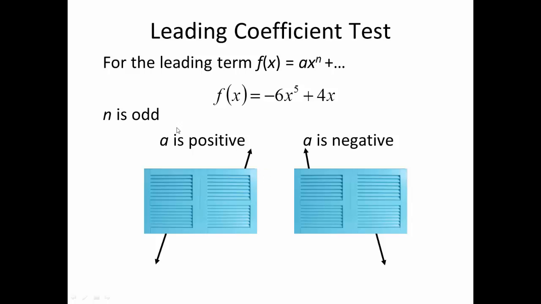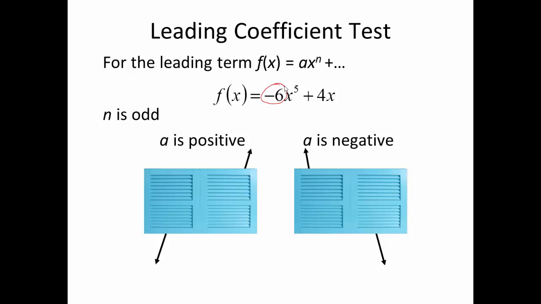All right, when we have an odd or even, we're going to look at this as the leading coefficient test. The leading coefficient is the coefficient, or the number, in front of the highest exponent. So in this case, it's going to be the coefficient in front of the x to the 5th, not the one in front of the other x, because this is a bigger exponent.